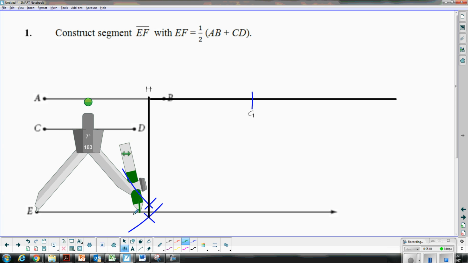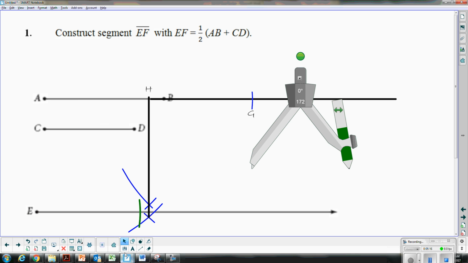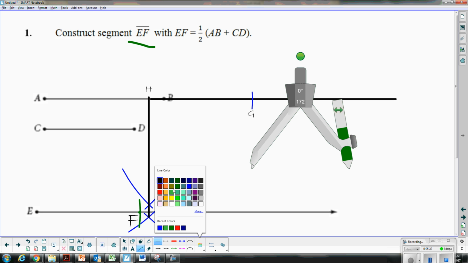I'm going to make an arc from point E that is the distance AH, and that point right here, since it says construct segment EF, is F. So it's coming from E to F, and that segment is the same as 1/2 of AB plus CD.